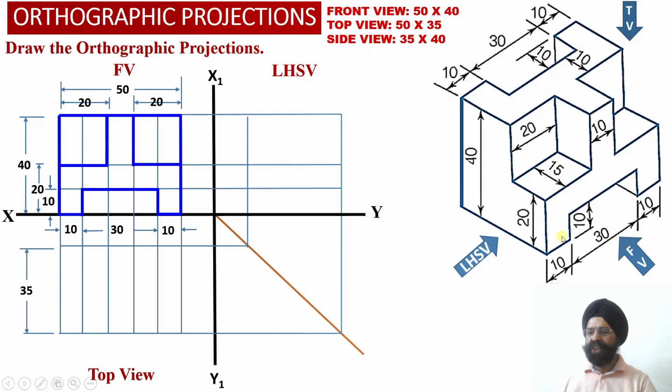This web has the shape of a Y. So as the observer is going to look at this Y-shaped surface, the observer is going to obtain the true shape projection corresponding to this Y-shaped web into the front view projections. Why? Because this surface happens to be parallel to the vertical plane.